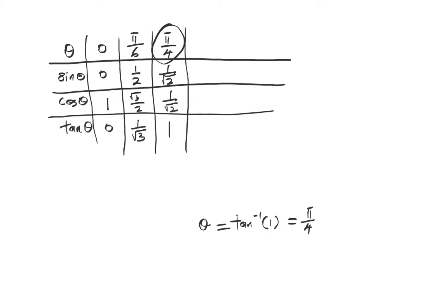Do you have this table? Do you put down this table in your notes? Another special angle is called pi by 3. So root 3 over 2, 1 over 2, you see, they are the same. And here is root 3.